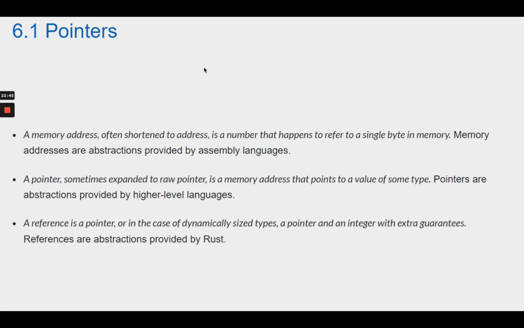A pointer, sometimes expanded to raw pointer, is a memory address that points to a value of some type. Pointers are abstractions provided by higher-level languages. A reference is a pointer, or in the case of dynamically sized types, a pointer and an integer with extra guarantees. References are abstractions provided by Rust.